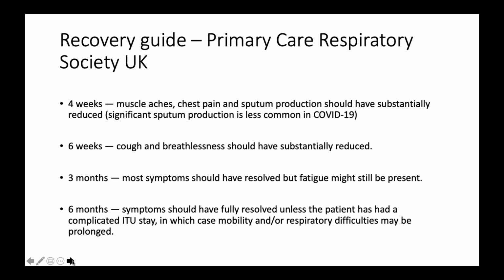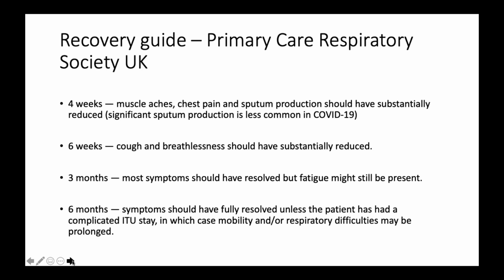Sputum production is less of an issue, although it seemed to be early in the pandemic. But those things last perhaps the first month or so. Cough and breathlessness last much longer, perhaps 6 weeks, and I think that's probably fairly generous. I would say even 8 weeks or more. And by 3 months, the majority of symptoms should have resolved.